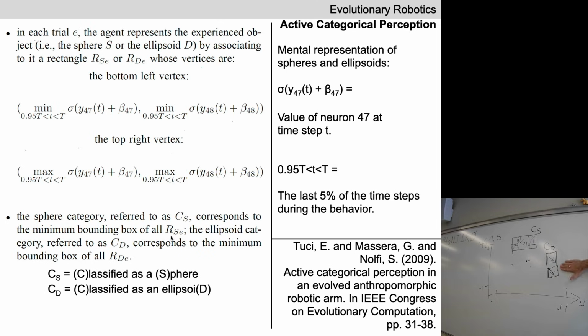This is what we get at the end of the 16 trials of a single CTRNN. What's the fitness function? The fitness function is going to be a function of these 2 rectangles. The hard work's done. What's left?